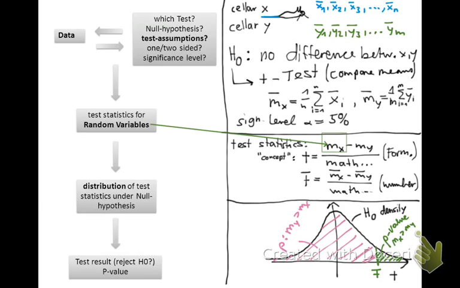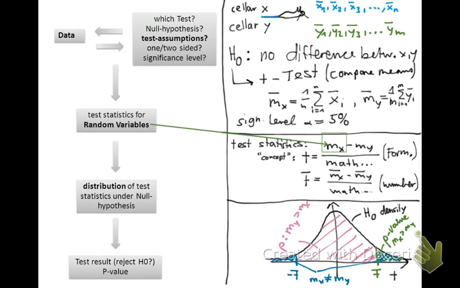Now if I just want to know is my unequal to mx, then I have a two-sided test. Let's make that blue. And then the p-value, then I could also have a minus t bar observed, and then the p-value is here, mx not just generally not equal my.